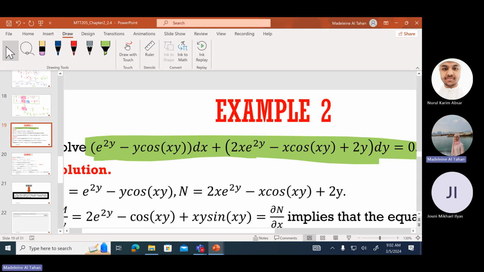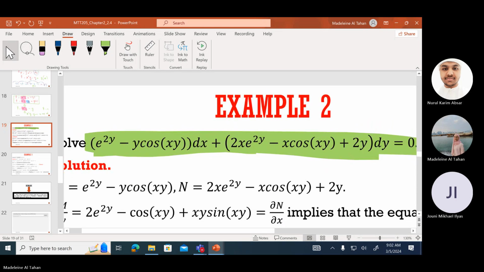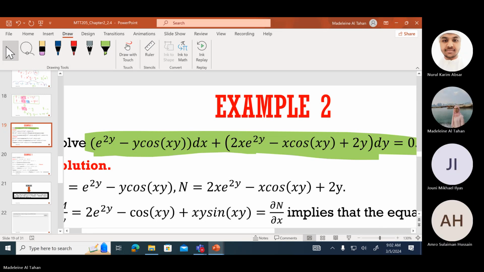We start with this one. First of all, we need to identify what our M and what our N are. Go back to the lecture. We'll solve this example on exact in case there are some problems that we are facing. We'll talk about non-exact, how to transform it to exact, solve an example, and then we'll move to section 2.5.